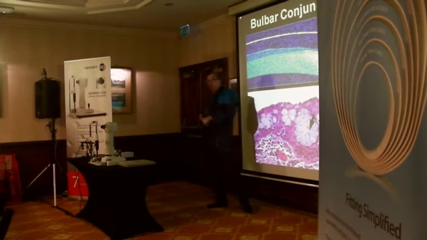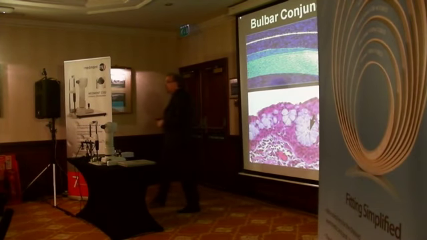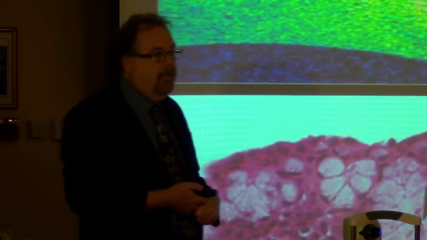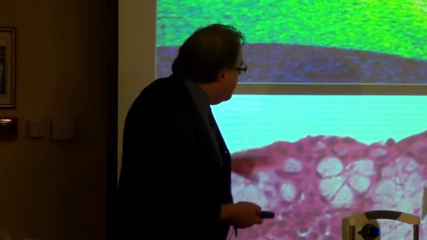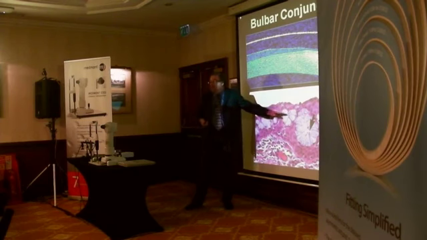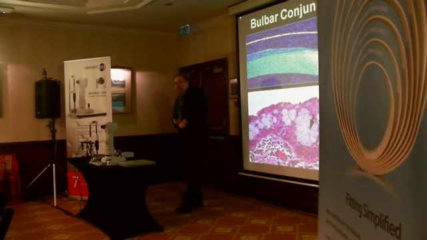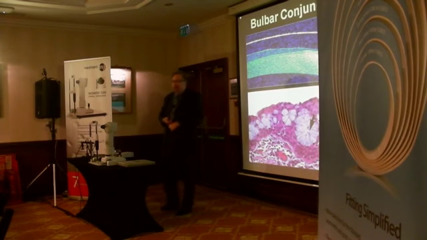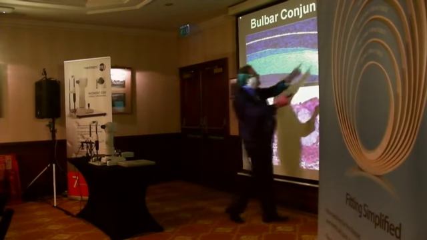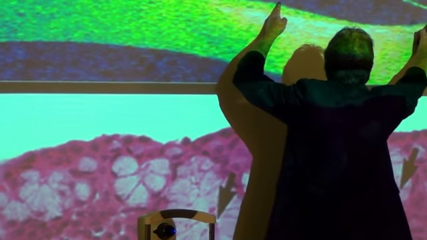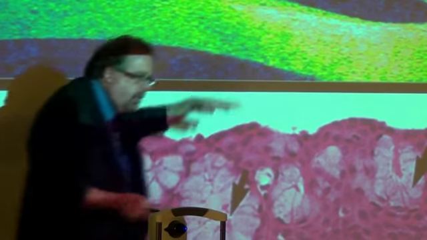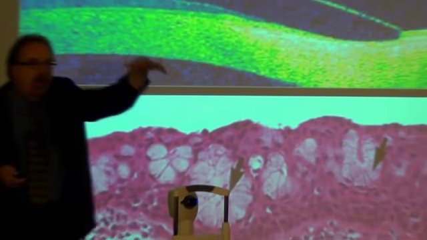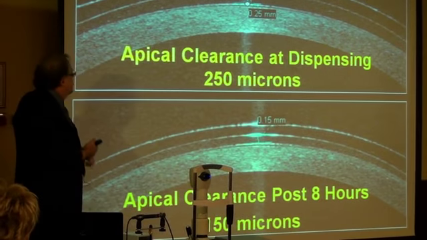These goblet cells, of course, secrete the mucin for the tear film and do a wonderful job of creating that extra lubricant. However, these cells are extremely compressible, so that when we take the weight bearing and pressure of the contact lens and distribute it across this area, it is going to compress slightly on that tissue.